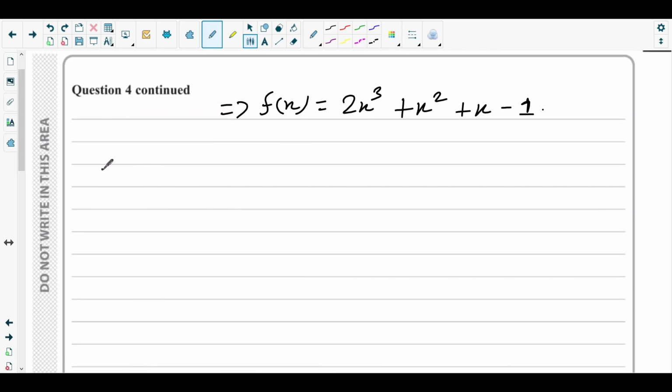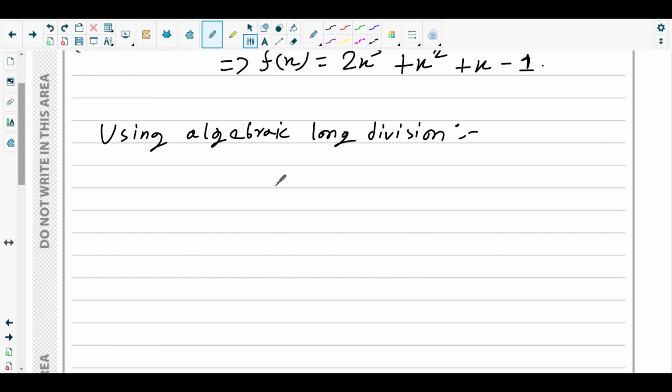So we will use algebraic long division. If we use algebraic long division, we will use 2x minus 1 to divide this cubic expression. Here is the coefficient, this is the divisor, and this is the dividend.